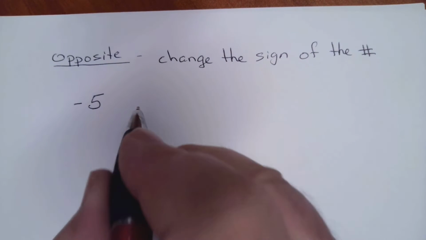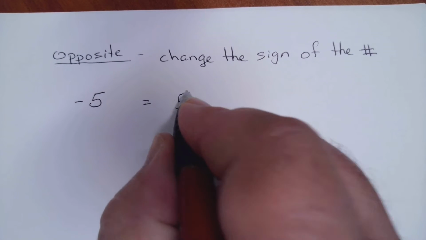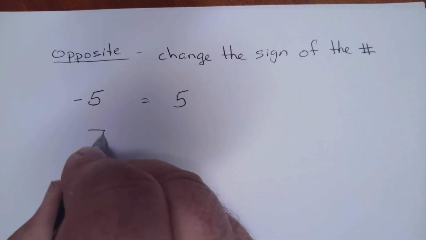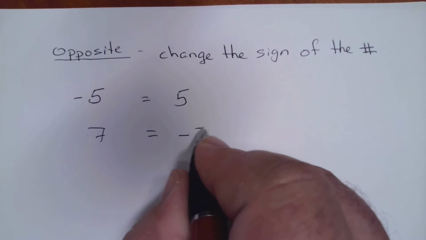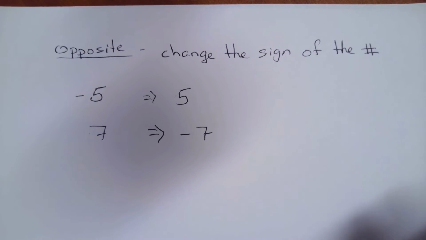If I give you 5, what's its opposite? Positive 5. If I give you 7, it's negative 7. That's all you do, just change the sign of the number.